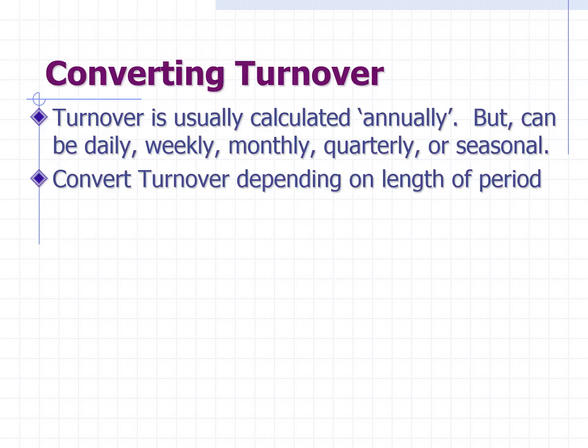We can calculate turnover for the quarter, the month, the week, weekly turnover, daily turnover, all those kinds of things. That also means that if we can assume that our sales are pretty consistent across different weeks, different months, different quarters, and different seasons across the year, then we can also estimate a turnover for a different length of period based on the turnover that we calculate for another length of period.